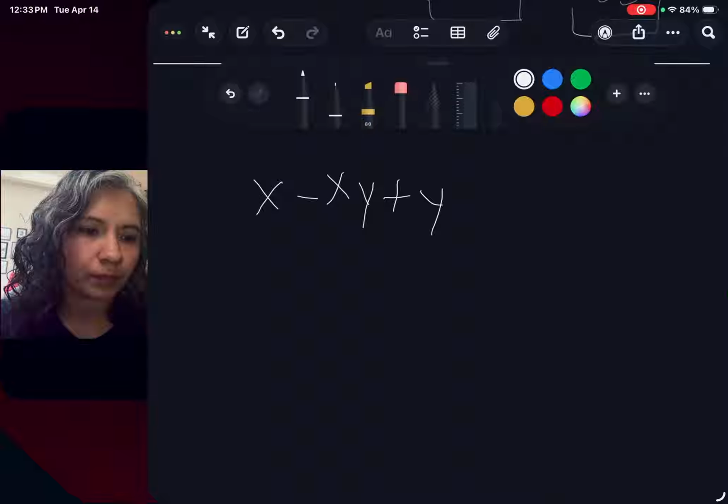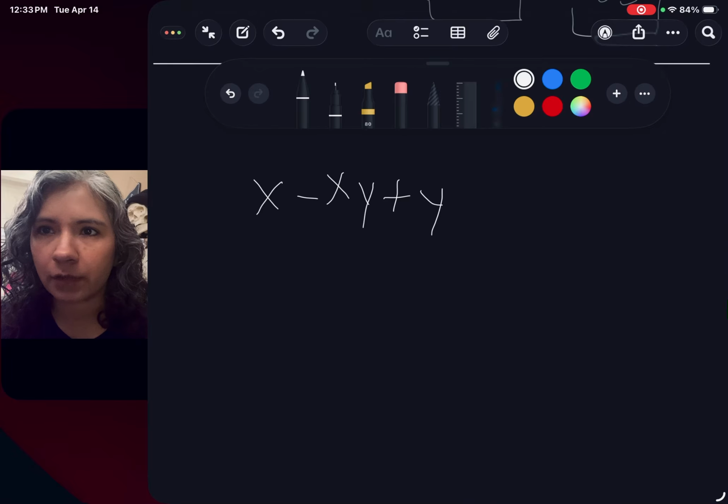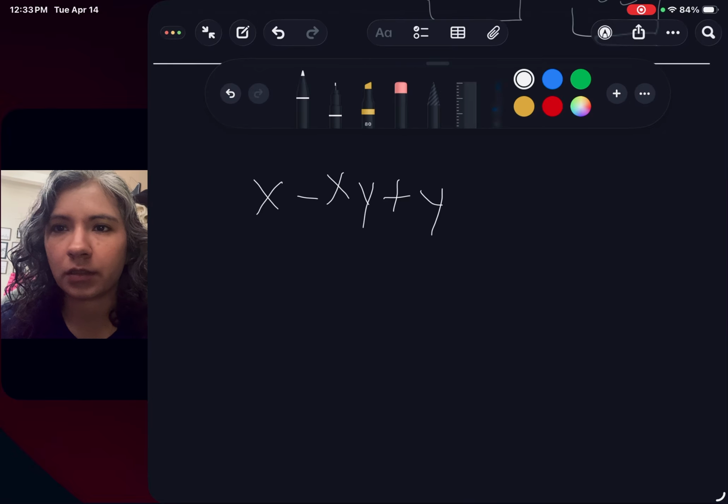So it helps to first replace the variables with parentheses so that no mistakes are made.